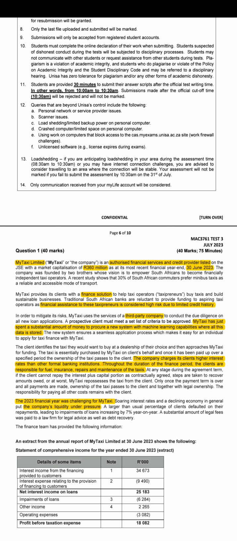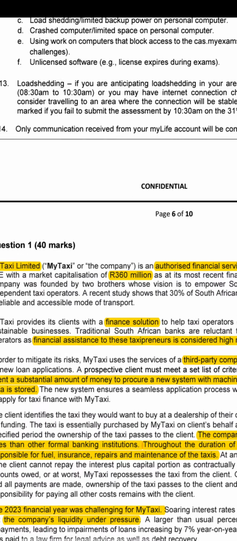Interest income. So let's think about it. For a normal business, if you buy and sell goods, whatever you sell your goods for is going to be your revenue. This entity does not buy and sell goods.